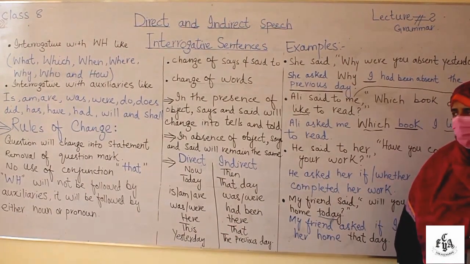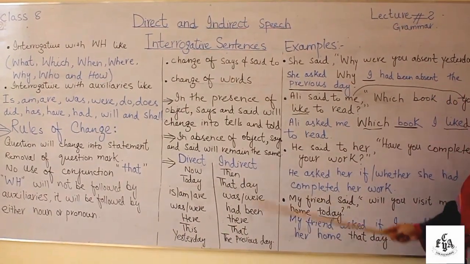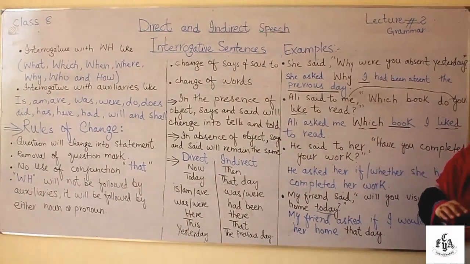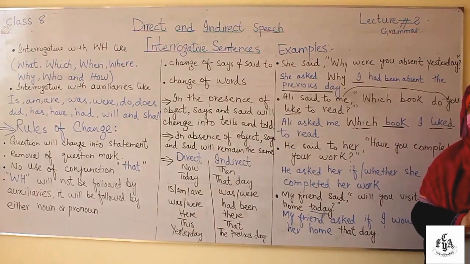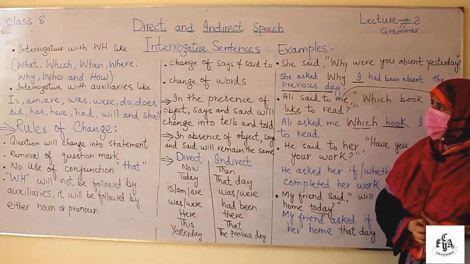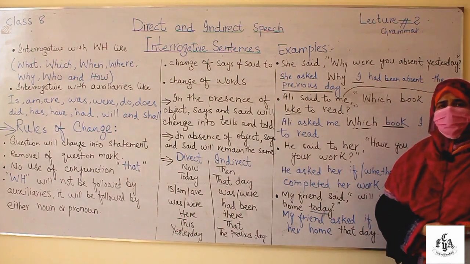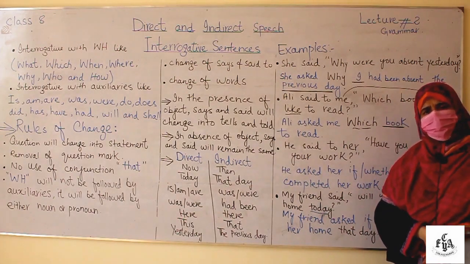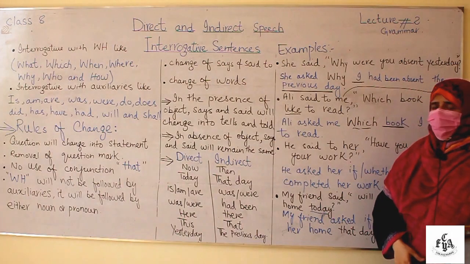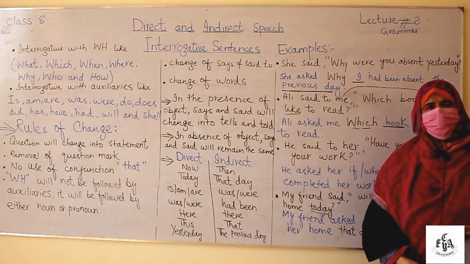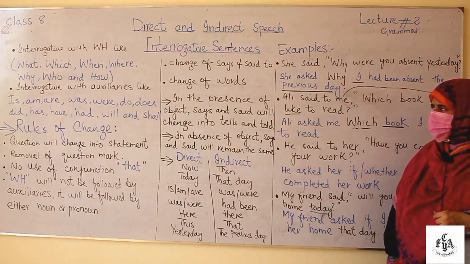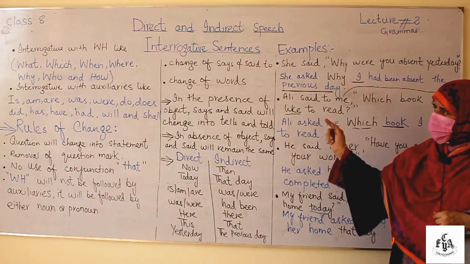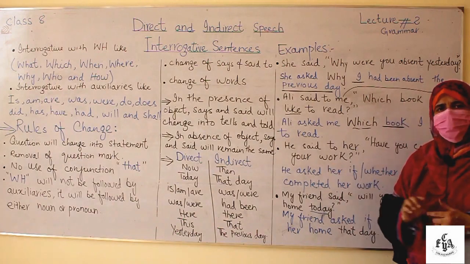Who I was. Now for how, as I told you earlier, how is a part of WH. It is not having W, it is having only H, but it is a part of WH. My mother said to me, how are you feeling now?